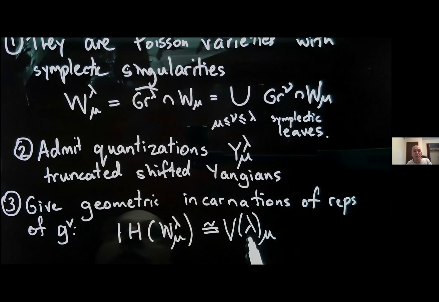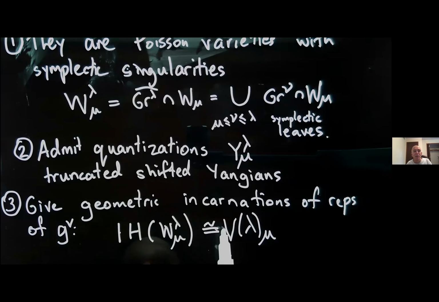Here, recall that lambda was a dominant coweight for our group G. By the definition of Langlands duality, this lambda is now a dominant weight for the algebra G check. So I have an irreducible representation V lambda of G check. This is my notation V lambda for the irreducible representation of highest weight lambda, and V lambda of mu means the mu weight space in that irreducible representation.